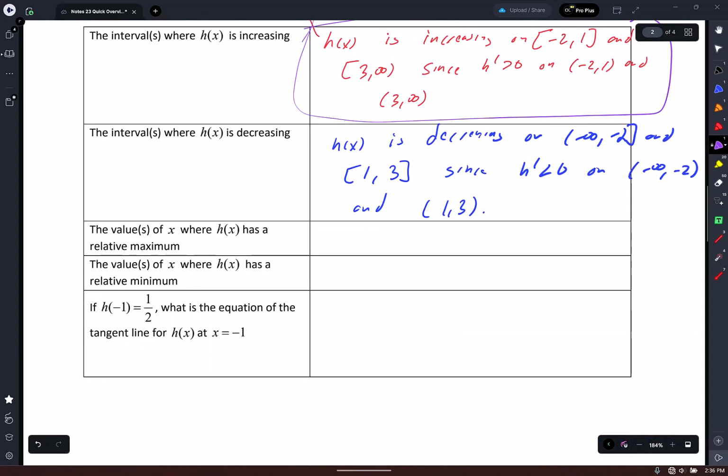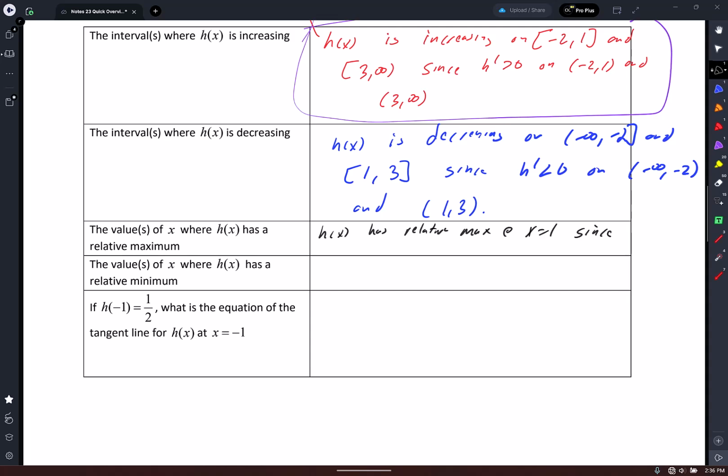So I'm going to write, h of x has relative max at x equals 1 since h prime changes from positive to negative at x equals 1.